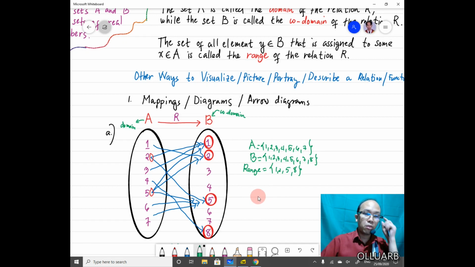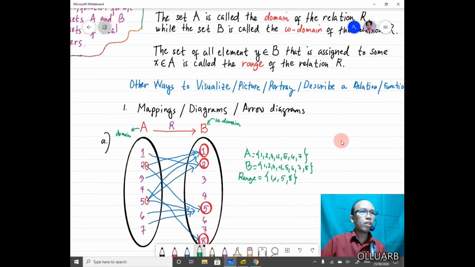Recall in your previous lesson, every object in the range is also an element in the codomain. So a range is always a subset of the codomain. It's very obvious in the illustration.